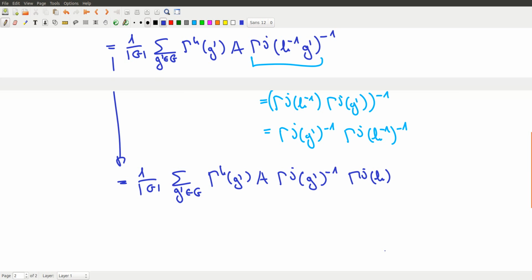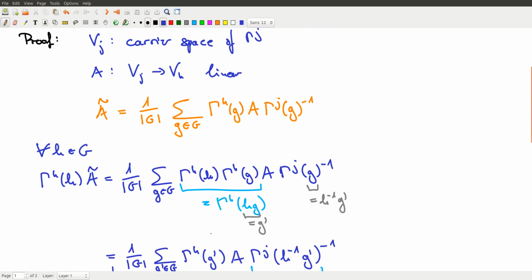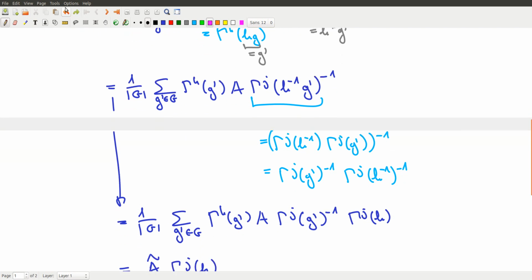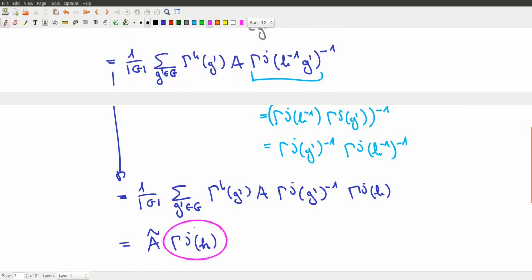So the first part is just the A tilde, and the last thing is the gamma j of h, which we got through here. So we have A tilde again times gamma j of h. We got the gamma k of h to the other side by changing it to a gamma j of h.